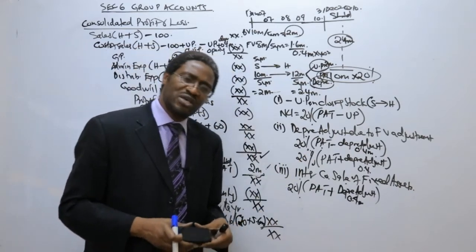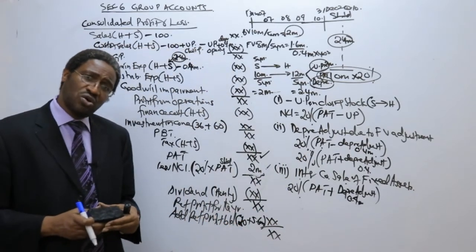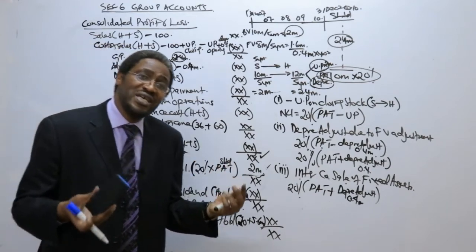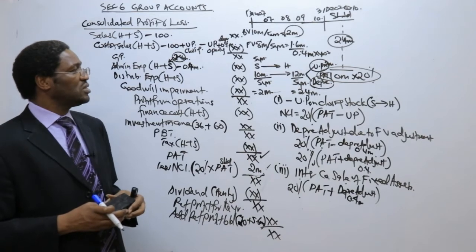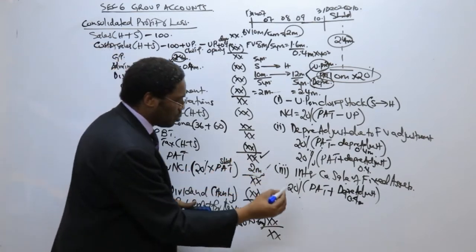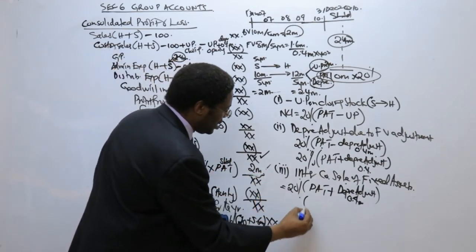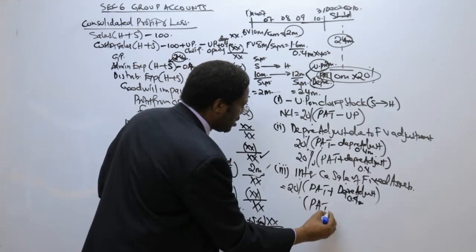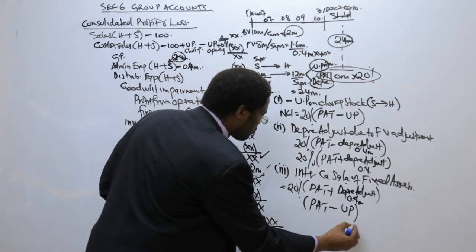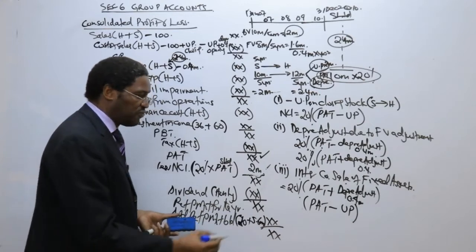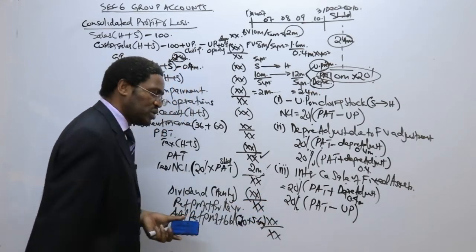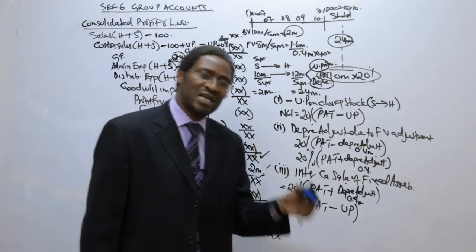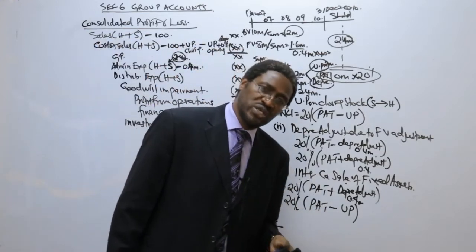So because they are the ones who sold and recognized the profit, automatically it means that they have not earned that profit. So to calculate the non-controlling interest, again, take that profit after tax, you now less that unrealized profit on the intercompany sale of fixed asset, then it is on the resultant amount that you take your 20%.